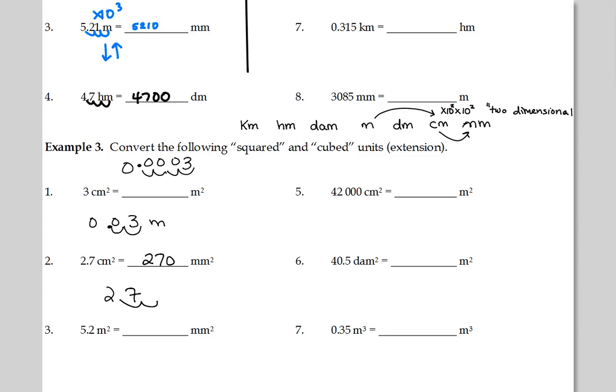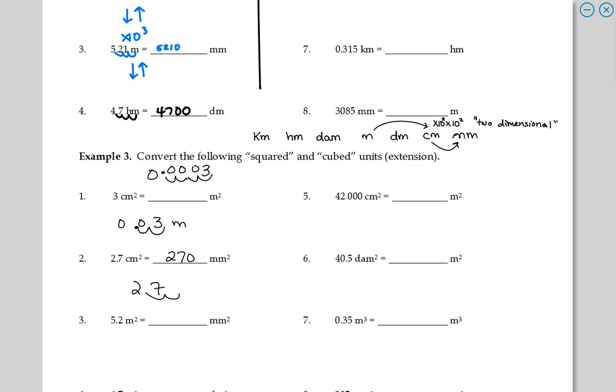Okay, so you guys can try 1 to 7 here. And if you see the cubed one, each jump is worth 3. So try those, and then really we won't see that very often after this.